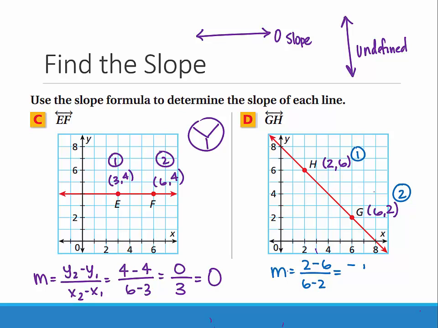If I subtract these, I get negative 4 divided by 4, or negative 1. So sometimes it can simplify to something nice and pretty, which means I go down 1 over 1, down 1 over 1, and all of these are points, even though they weren't points that I was told to find. And then other times, like the first one we did, you just get a fraction, which is totally okay.